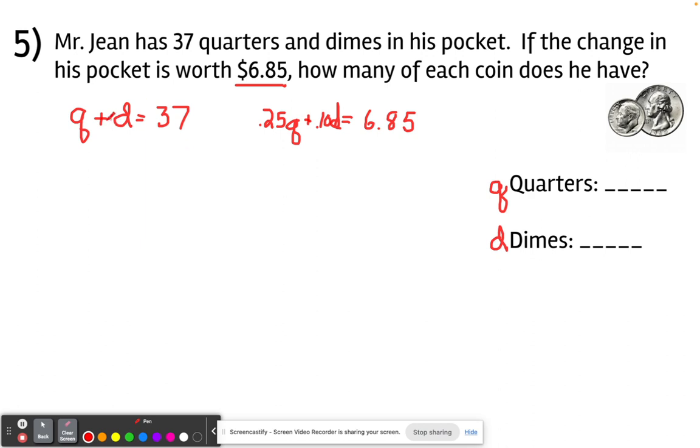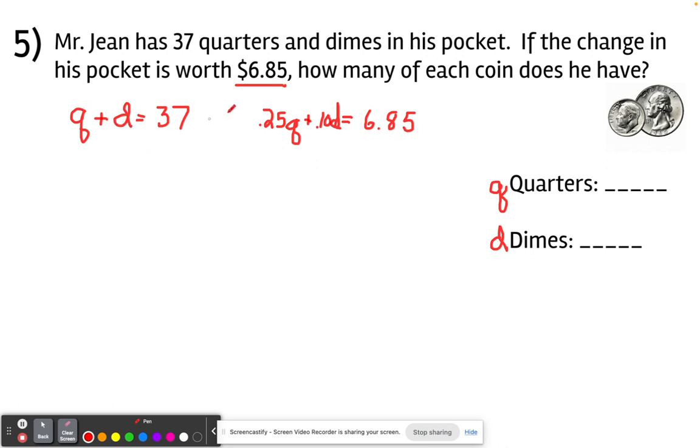I could multiply this whole thing by negative 0.25, so my quarters cancel out. I could multiply this whole equation by negative 0.1, and that way my dimes would cancel out.